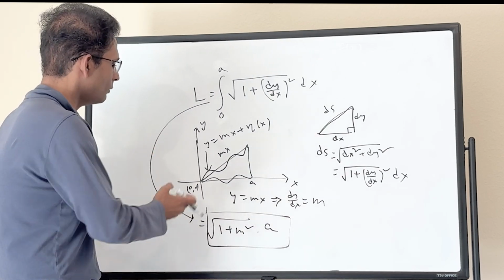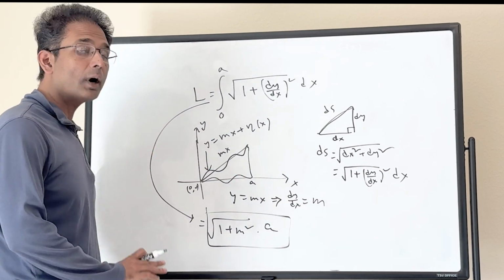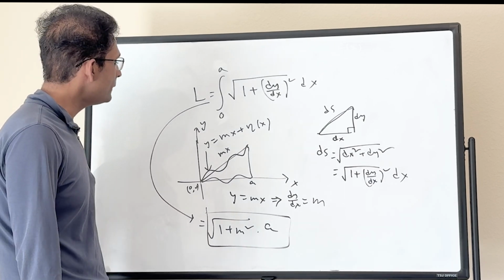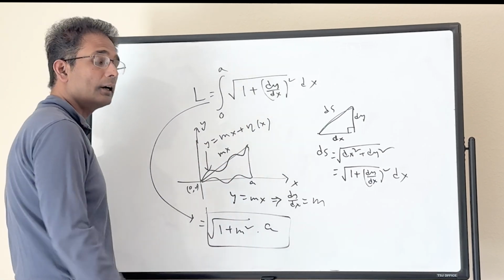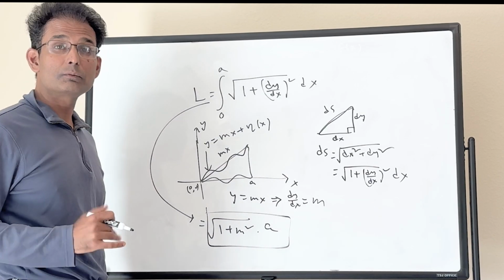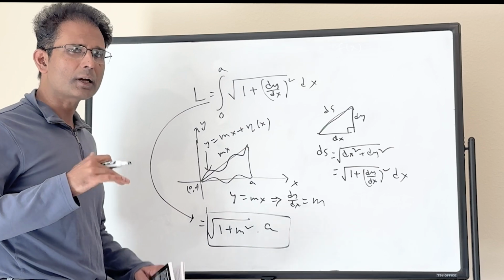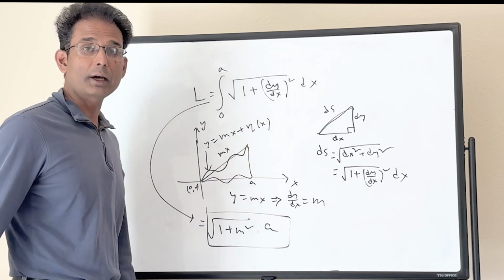Of course, it's small, but otherwise it's completely arbitrary. Now I'm going to calculate the length of this new curve, which I obtained by creating a slight perturbation about the straight line.